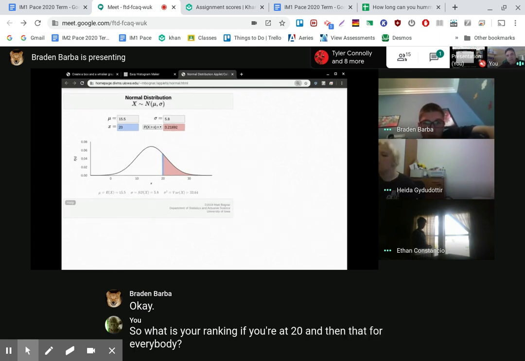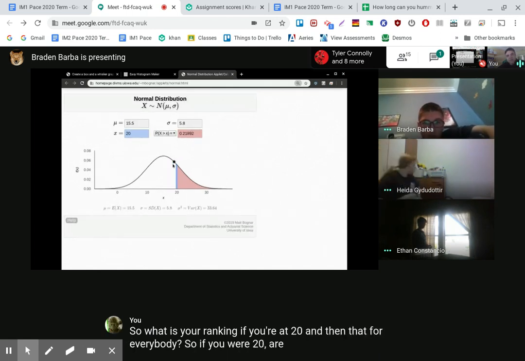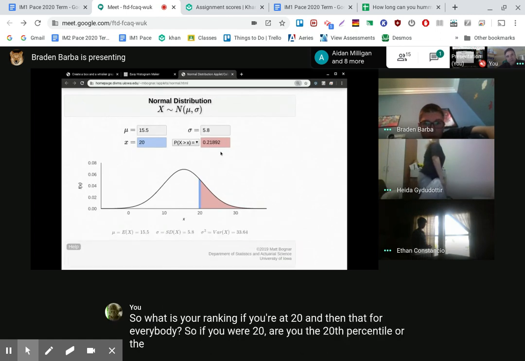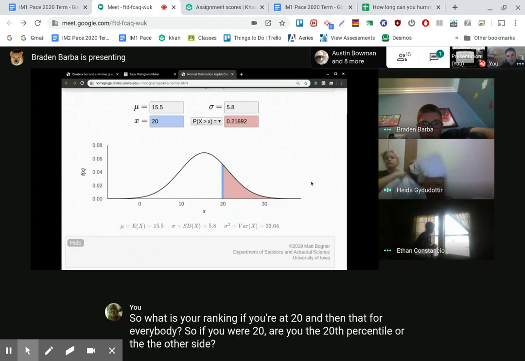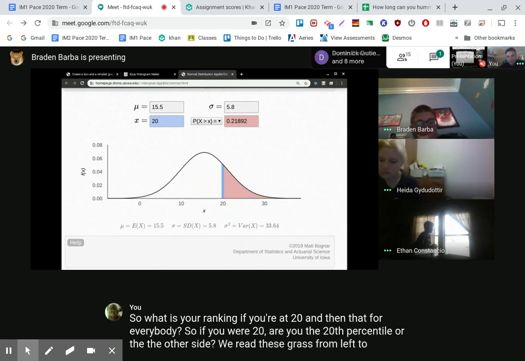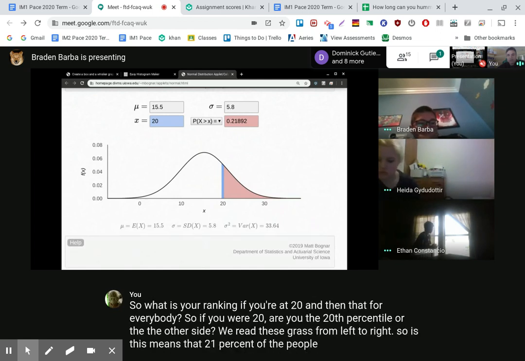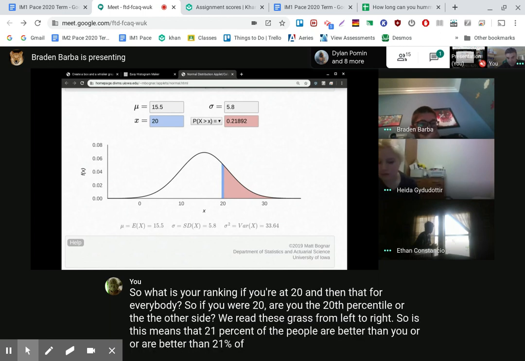So if you're at 20, are you the 20th percentile or the other side? Because we read these graphs from left to right. So does this mean that 21% of the people are better than you, or are you better than 21% of the people?